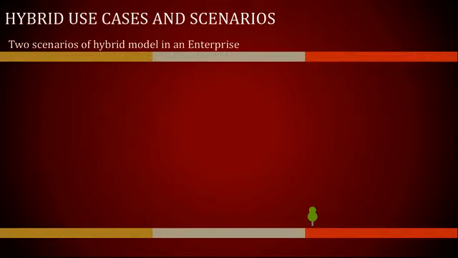So let's quickly talk about two scenarios of the hybrid model in an enterprise. What could potentially happen? Organizations could have made a decision that they're going to retire their on-prem environment and migrate to the cloud. And leveraging a hybrid scenario allows them to migrate at their own pace without disruption to existing service.